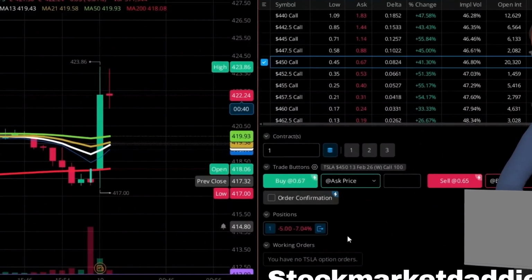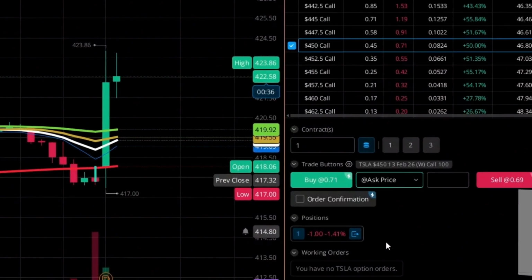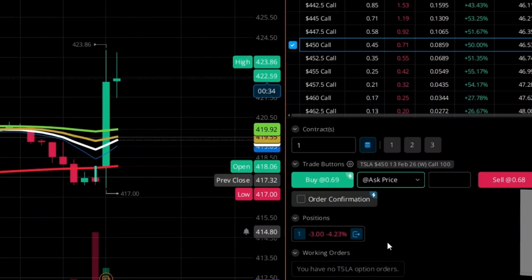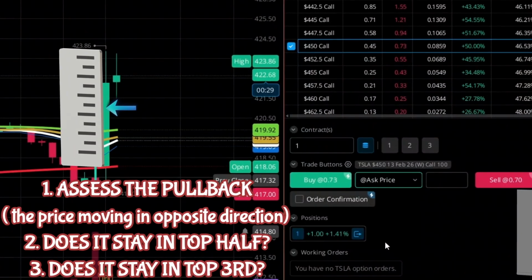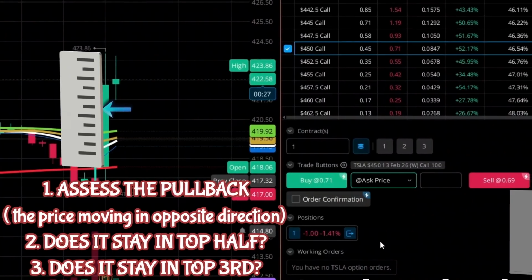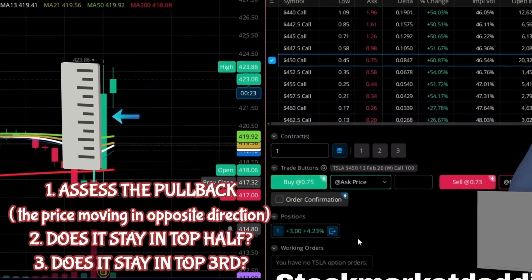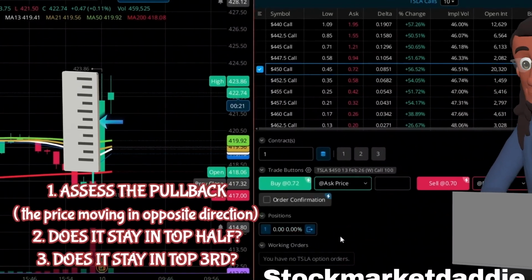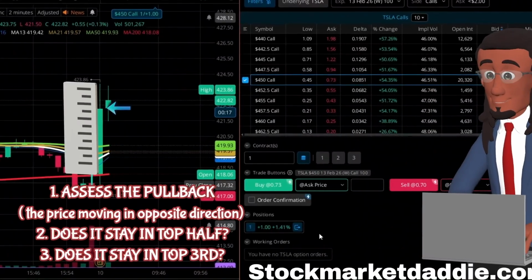Now, when we start seeing the move down in the opposite direction, there are three things we need to look for. We're going to watch, but we're not just hoping. We're assessing. We want to assess the pullback. Does the move down stay in the top half of that big green powerful candle, the event? So does the move down cut off the event halfway, or does it at least stay in the top third?